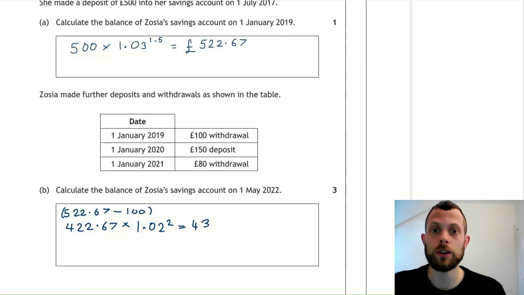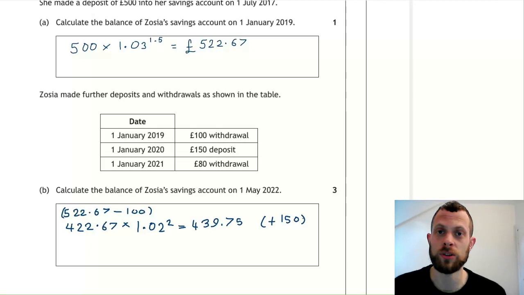So this will give us £439.75. And we can just round to the nearest penny as we go through it, or you can just keep the same value in your calculator. It doesn't matter as far as I'm aware for the marks. Then it's a £150 deposit, so we need to add on £150.